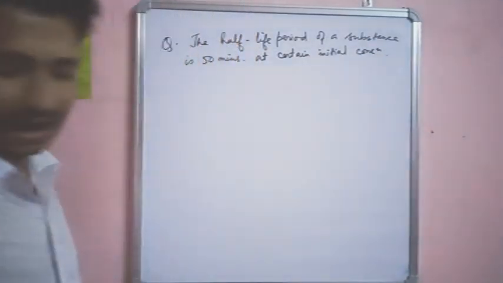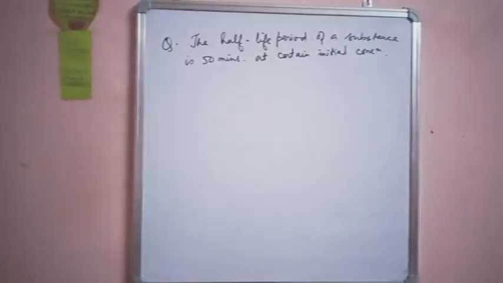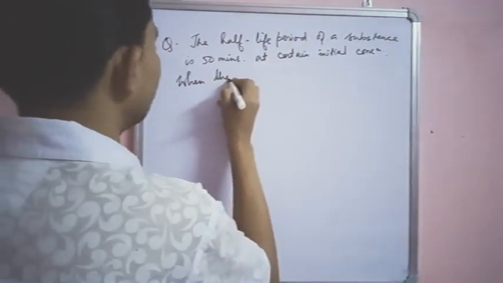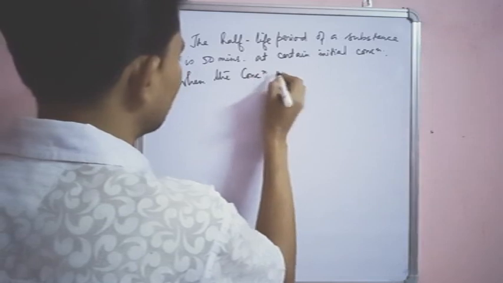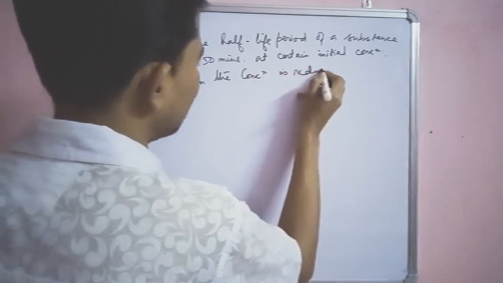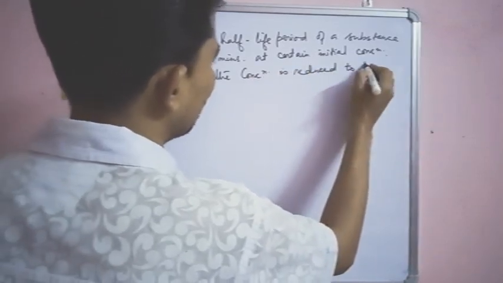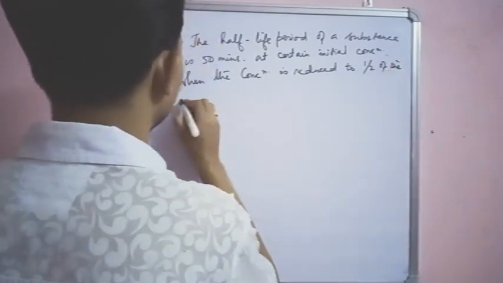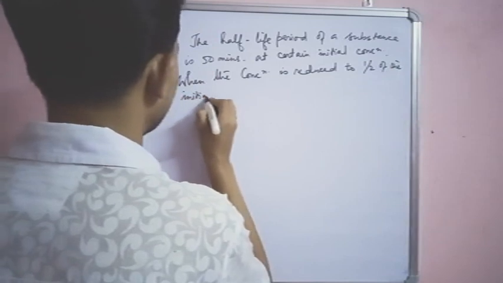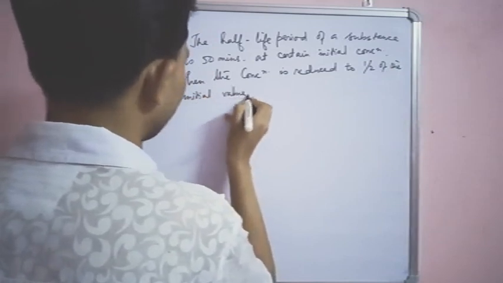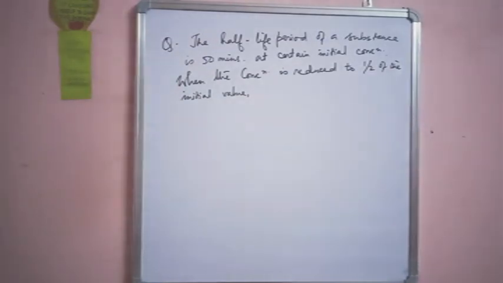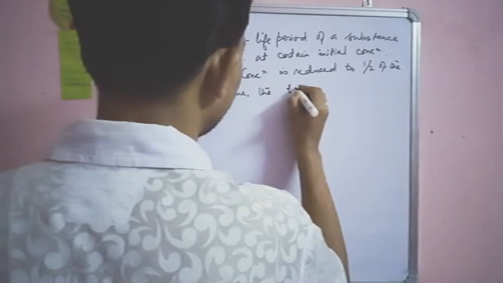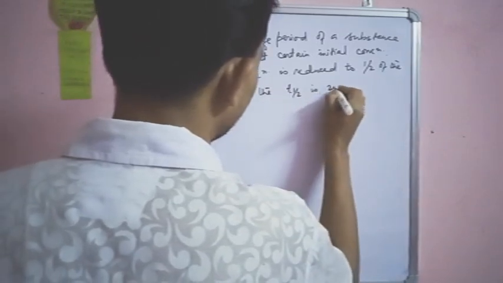So next दिया गया है, when the concentration is reduced to 1/2 of the initial value, that is half of the initial value, then the half-life period is 25 minutes. That is the t half is 25 minutes.